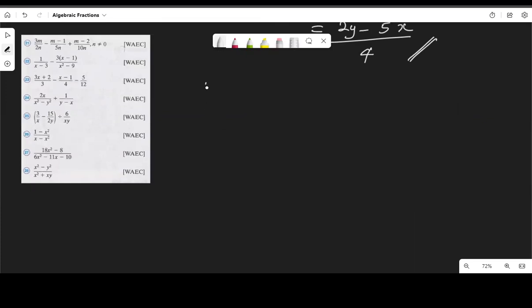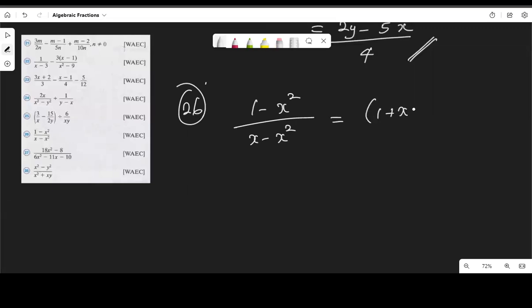And 26. 1 minus s squared over s minus s squared. Let's apply difference of two squares here. In the numerator, 1 is a perfect square and s squared is also a perfect square. So I have 1 plus s and 1 minus s all over.